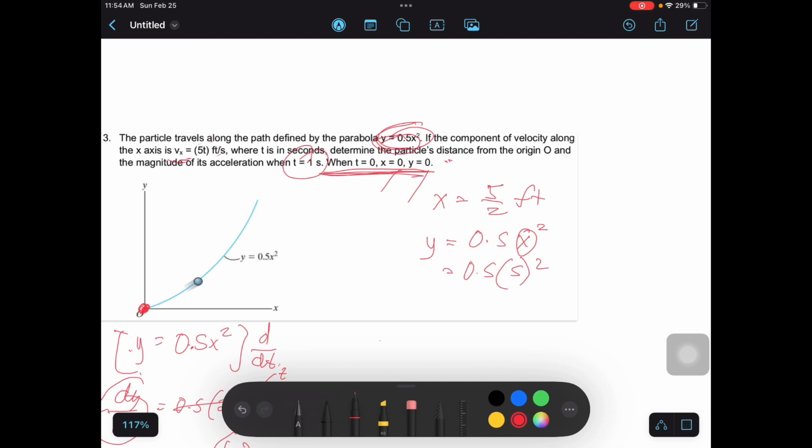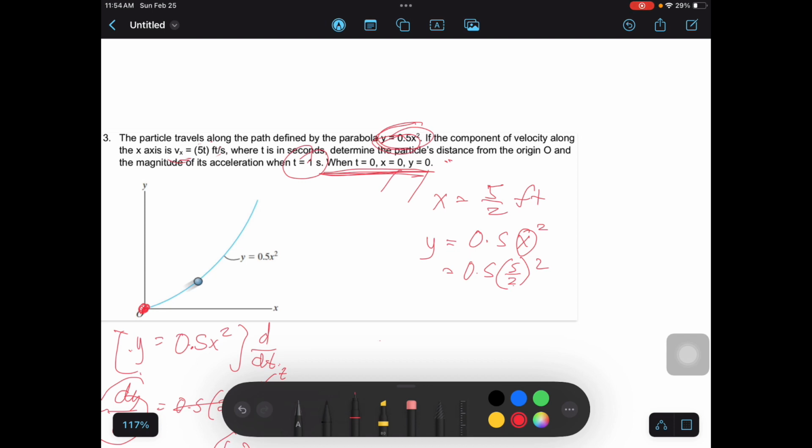So, 0.5 times 5 squared. Sorry, it was a typo. I only typed 5.